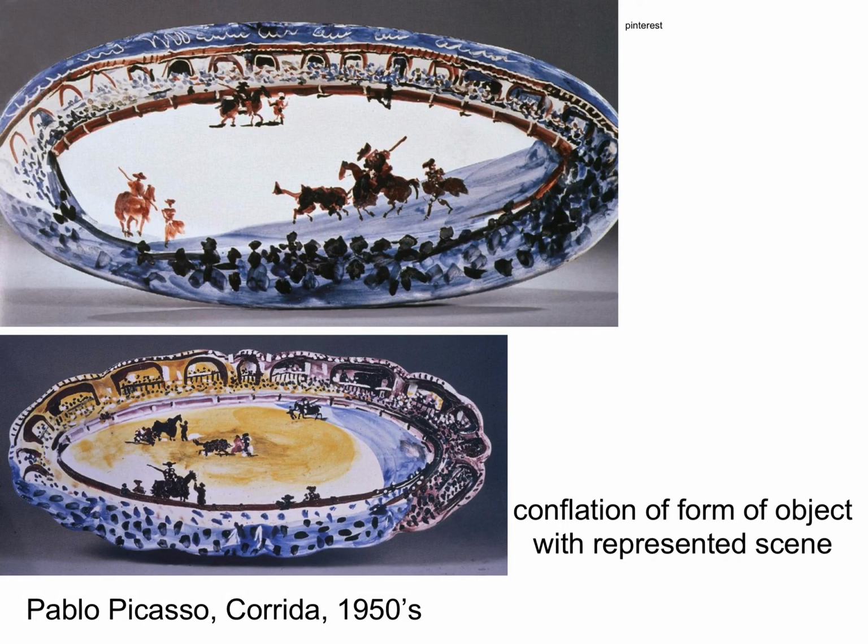It's the conflation of form and object with representation seen in this Pablo Picasso corrida of the 1950s, where the oval dish has become the interior space of a large architectural space where a corrida is happening, and there are beautiful conflations between the image and the form, and a change in scale.